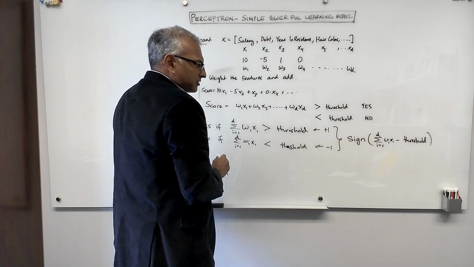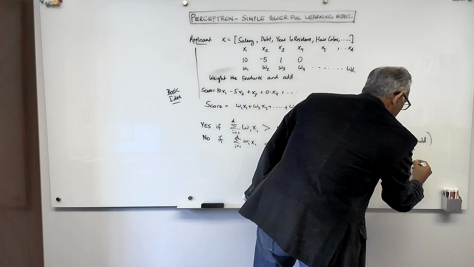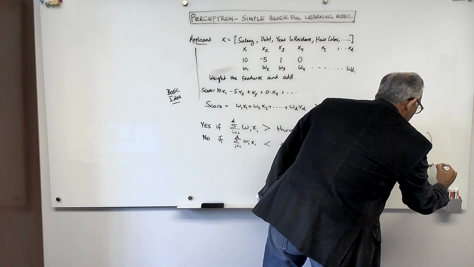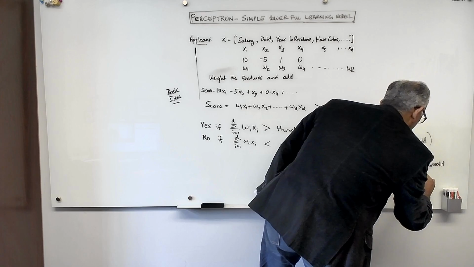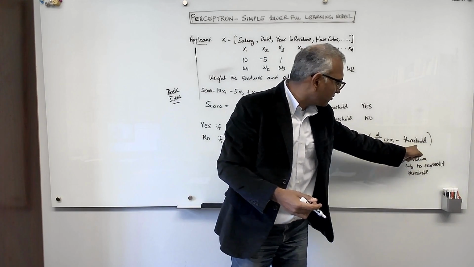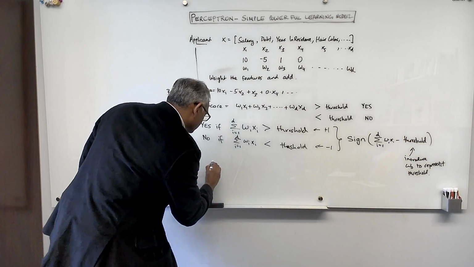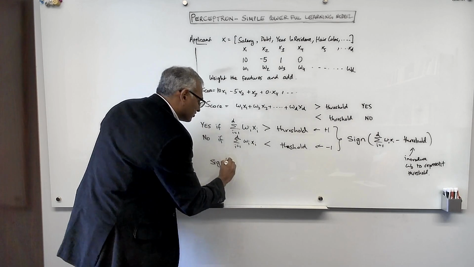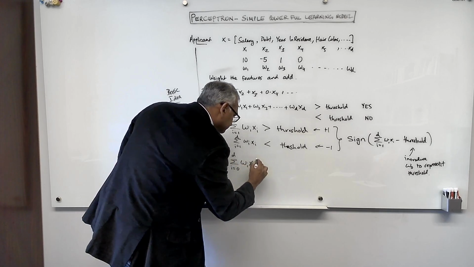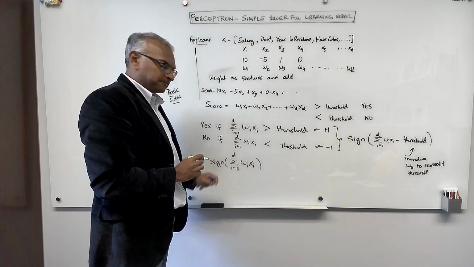So introduce w_0 to represent the threshold, in the sense that if I tell you the threshold, it's equivalent to telling you w_0. And I want to write this formula as the sign of the sum from i equals 0 to d of w_i x_i. Notice that here the sum is from i equals 1 to d. Here it's from i equals 0 to d.